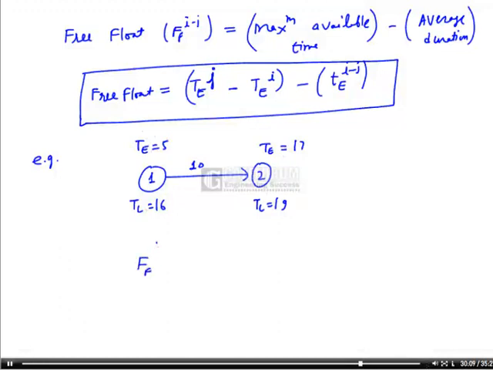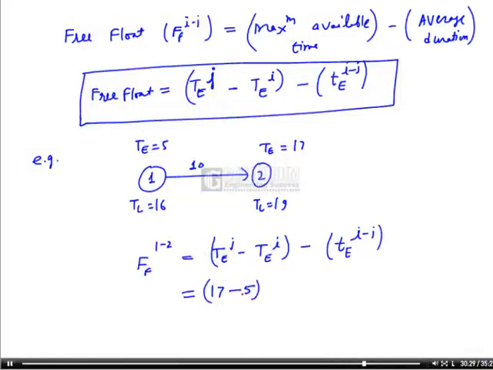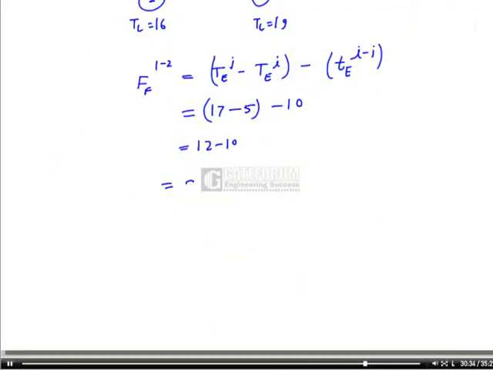So free float of 1 to 2 will be TE of j minus TE of I minus average duration. T of j is 17, minus 5, and average duration is 10. So this will be 12 minus 10. So free float is 2. We have assumed that all activities start as early as possible, and after that we have calculated free float.